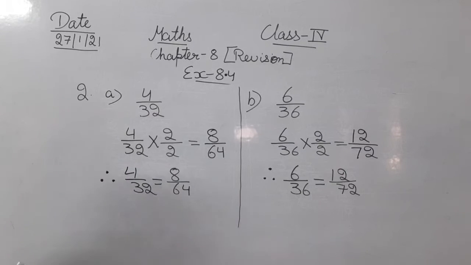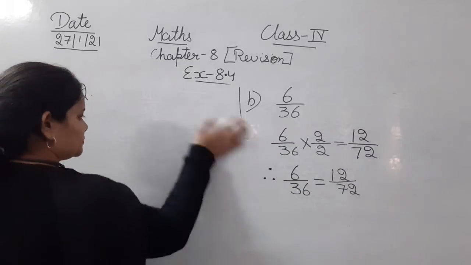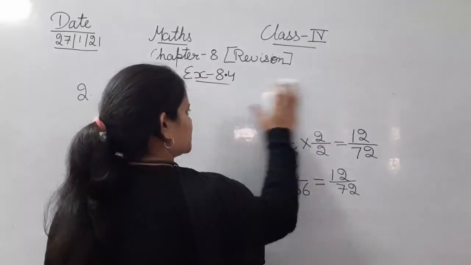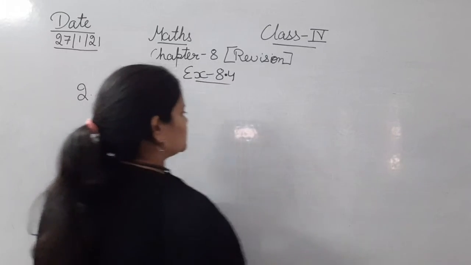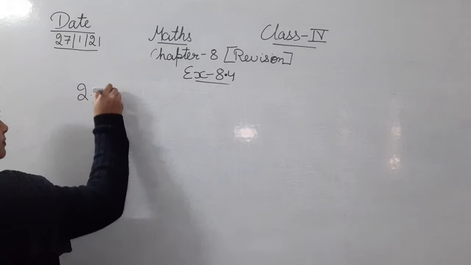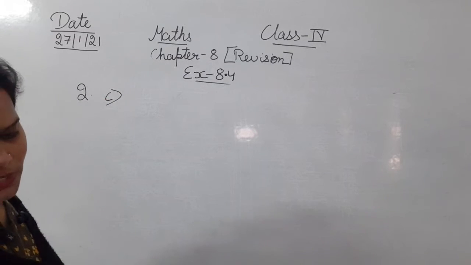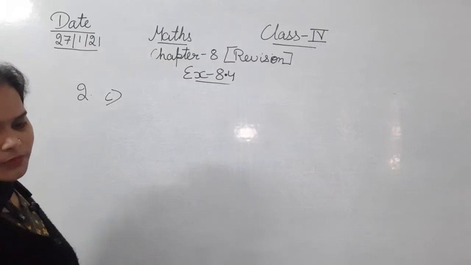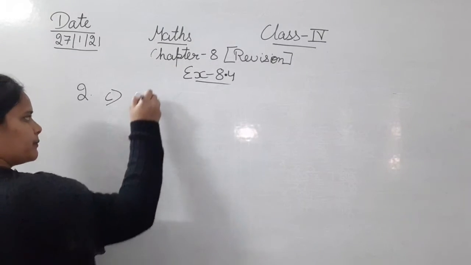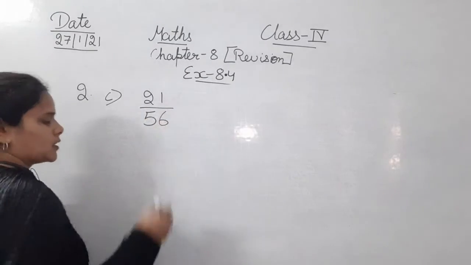चलिए, let's move to the C and the D part of the same question number 2. Okay, so the C part is 21 upon 56, okay.